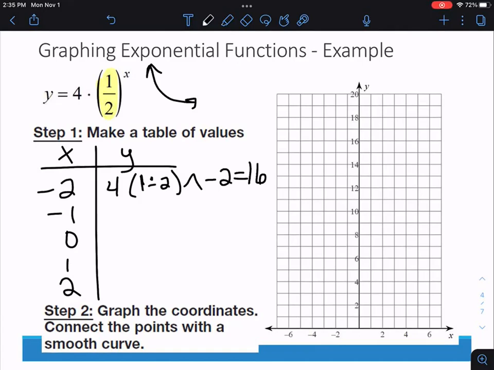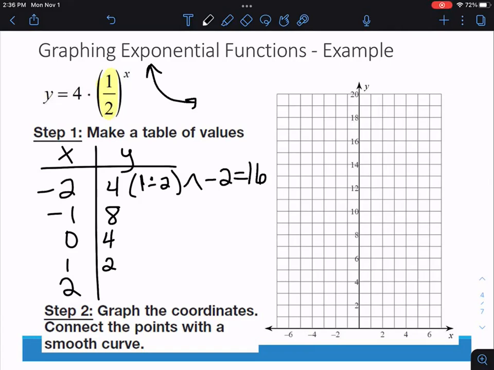So then I'm going to edit what I have typed into my calculator. I'm going to change the -2 to a -1, and I'm going to get 8. I'm going to change the -1 to a 0. I'll delete the negative and change the 1 to a 0. That's going to give me 4. Going to change the 0 to a 1, and I'm going to get 2.